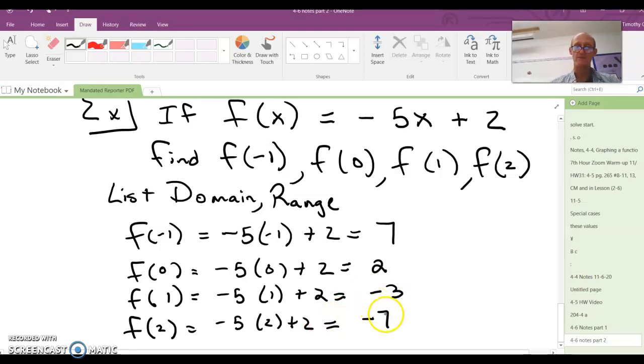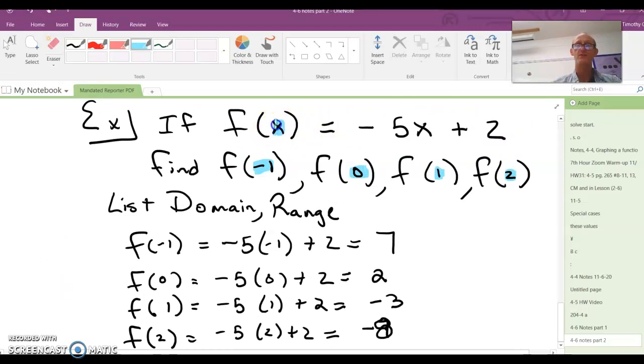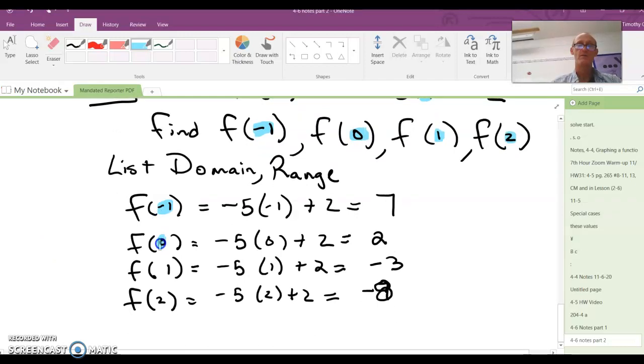So this is 7, this is 2, this is negative 3, and this is negative 8. So we substituted those values in, negative 1, 0, 1, and 2. We substituted them in for x, the input. Here they are again, and we substituted them in, and we got out a set of outputs.